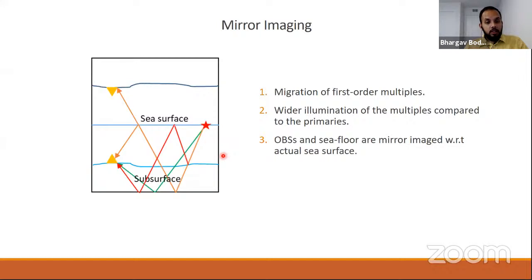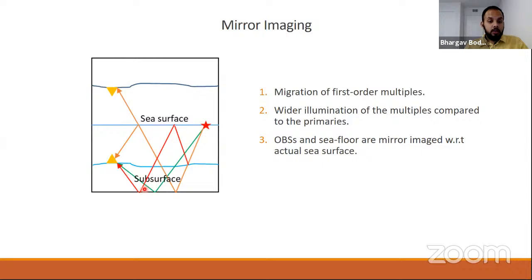The cartoon here shows the different arrivals, basically three arrivals. One is the primary wave, traveling from the source, shown as the red star, bouncing off the subsurface and recorded at the OBS, shown as the yellow triangle. And there are two multiples, the water column multiples.